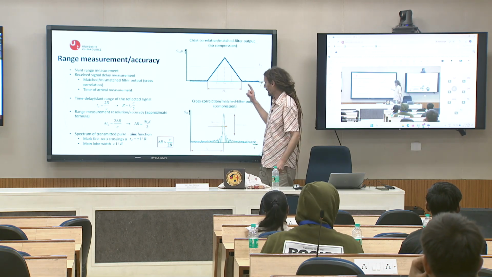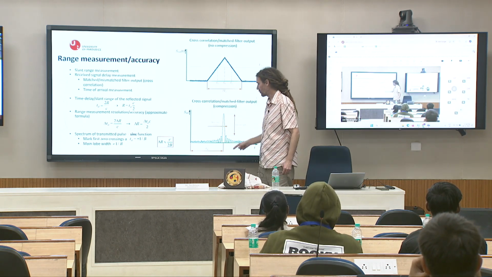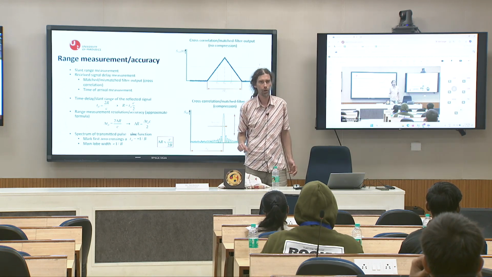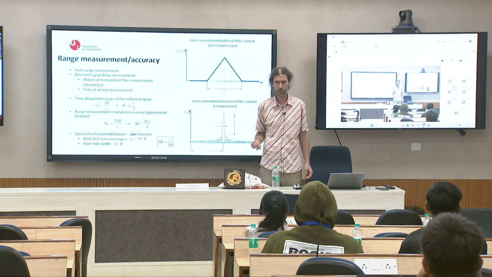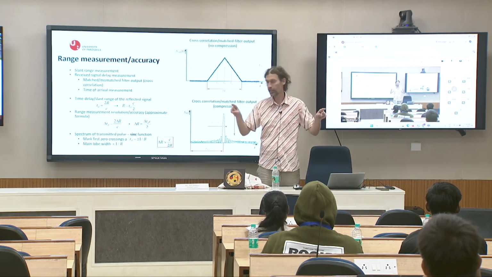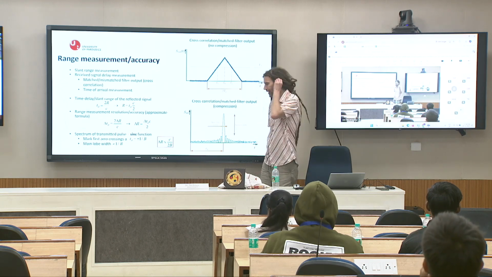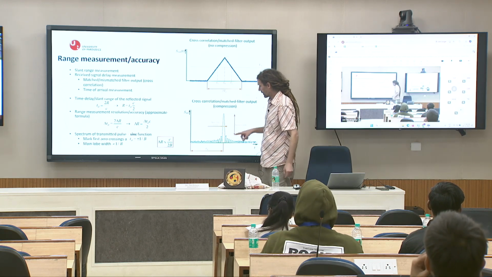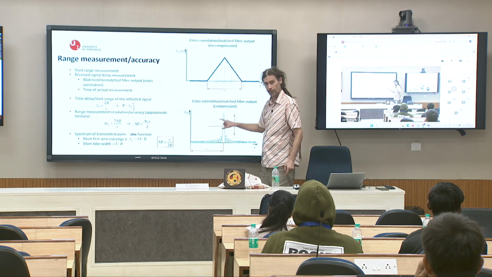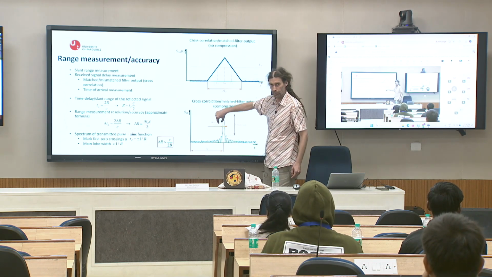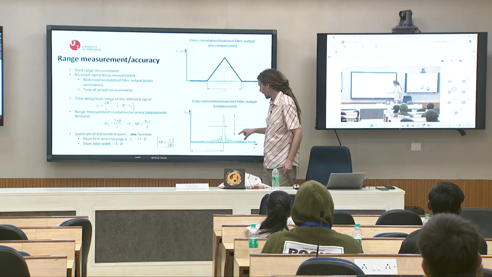Sorry, I made a mistake. And this is the spectrum of the pulse. And you know probably from Fourier transform that it is the sinc function, sine x divided by x. This is the main lobe. Usually we need the 3 dB main lobe width, and this is the side lobe.